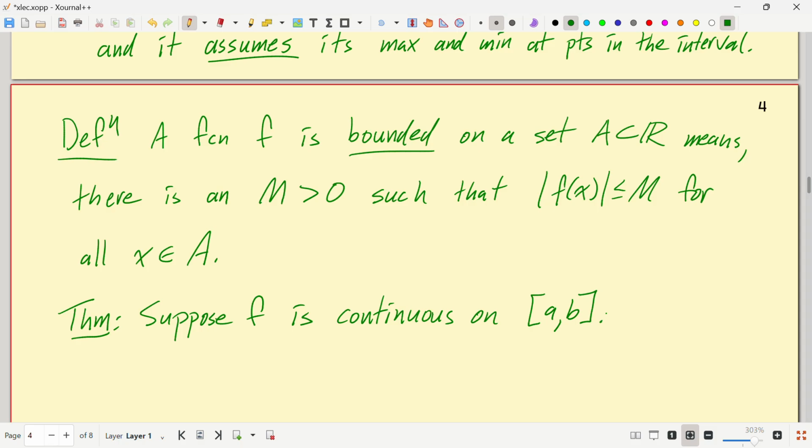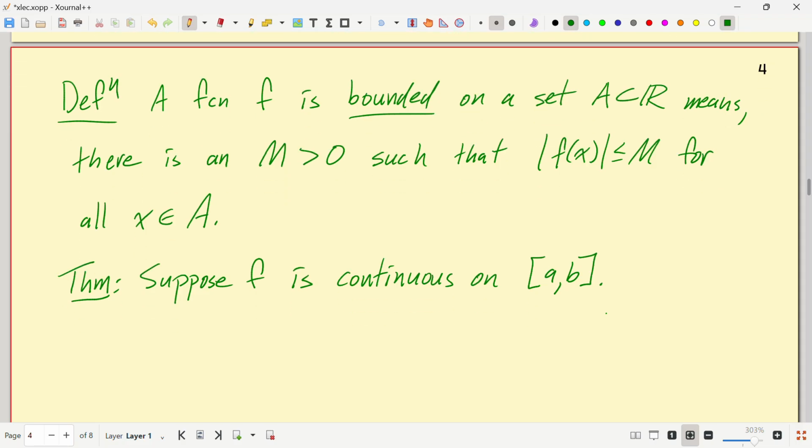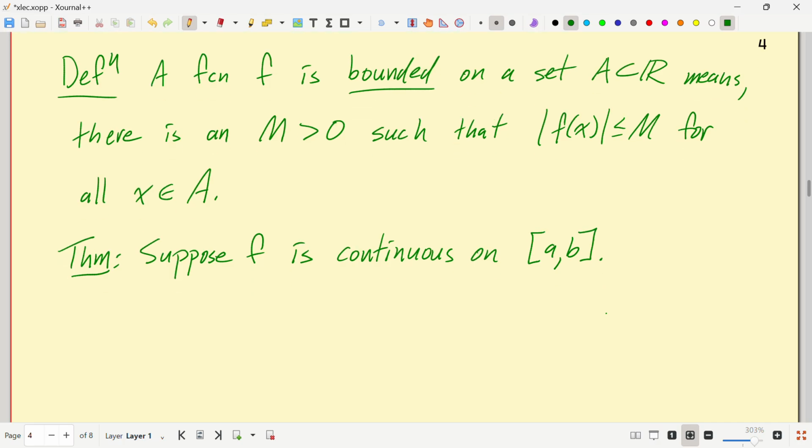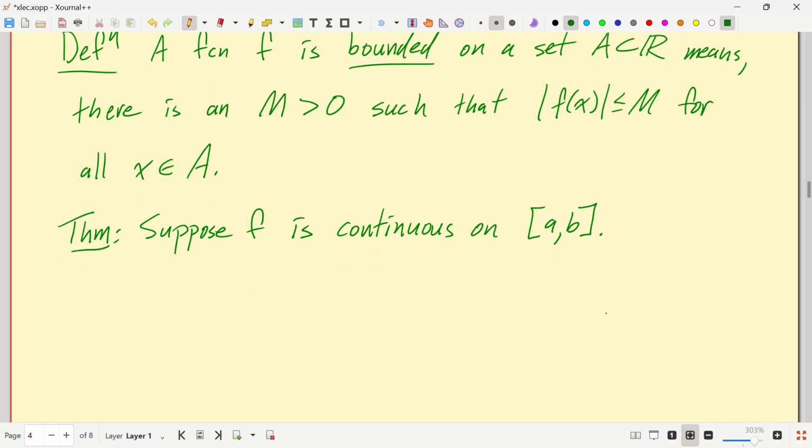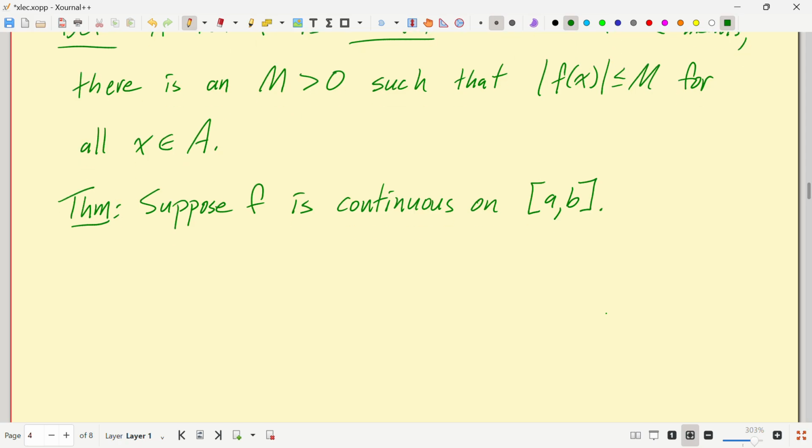If it had open endpoints, then you could have a U-shaped thing that blows up at either endpoint. It'd be continuous on the open interval, and so this would be a false thing. Both of those theorems would be false on an open interval, because you could have a U-shaped thing that blows off to plus infinity at the endpoints of an open interval. Or you could have one go down to minus infinity too if you wanted. Then f is bounded.